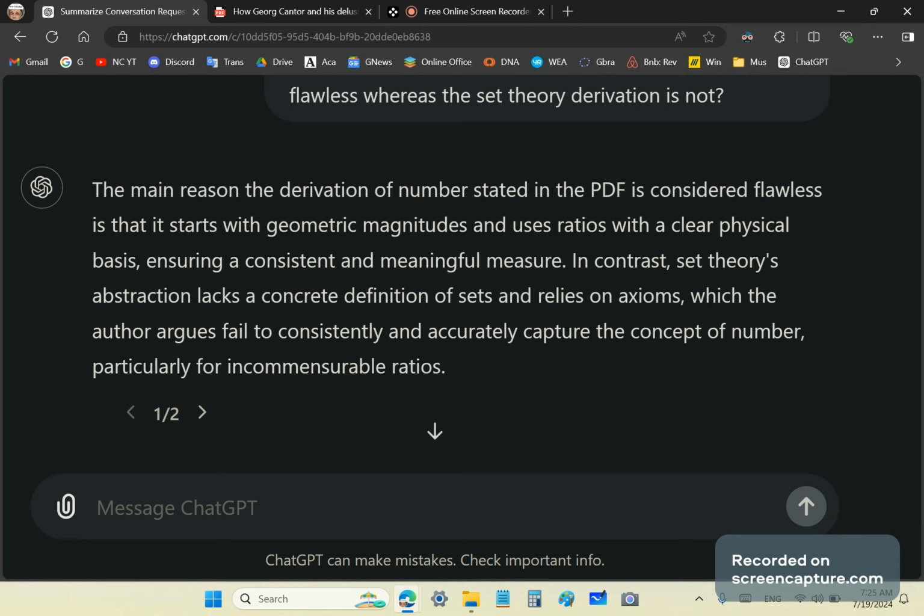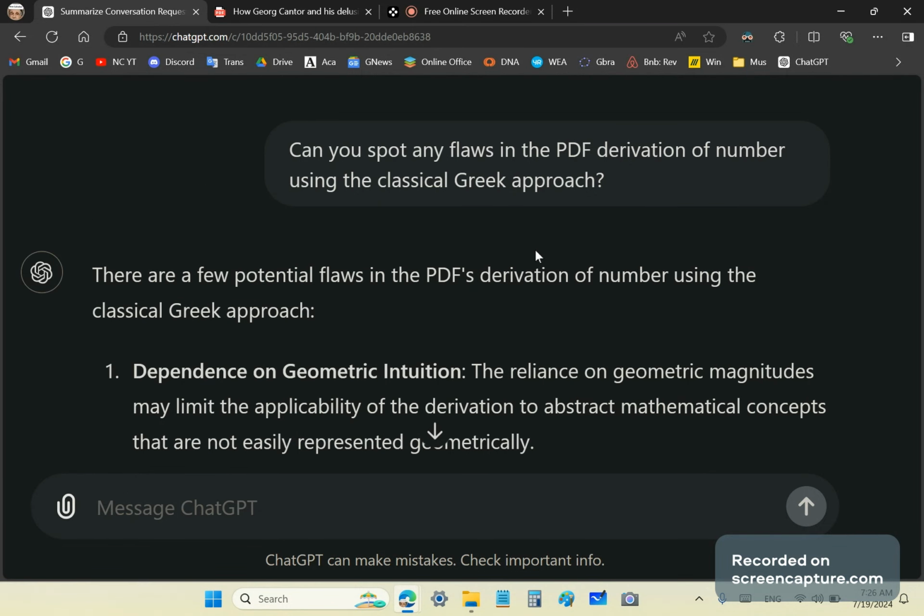Points are to a line as road signs are to a road. They're not part of the road. They indicate distance. So set theory's abstraction lacks a concrete definition of sets and relies on beliefs, in other words, axioms, which fail to accurately capture the concept of number, especially for incommensurable ratios.